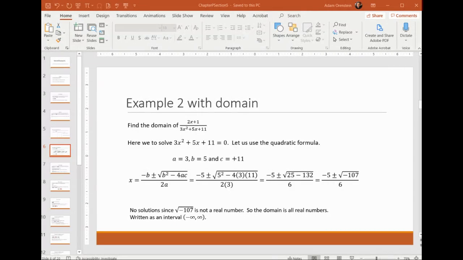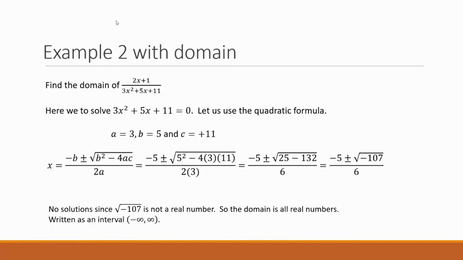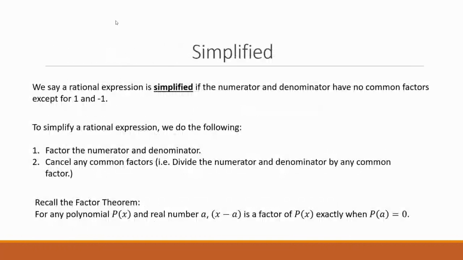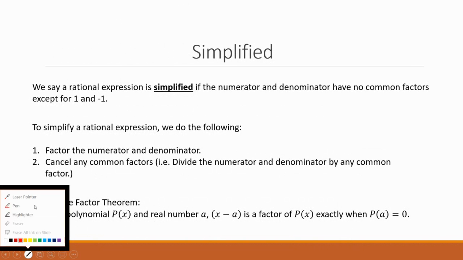All right, so that's another example. Now, if you remember also, I know I didn't go over it in this class, but you have probably seen in other math courses, writing a fraction in lowest terms, or writing it in reduced form. Well, you can do that here with rational expressions.